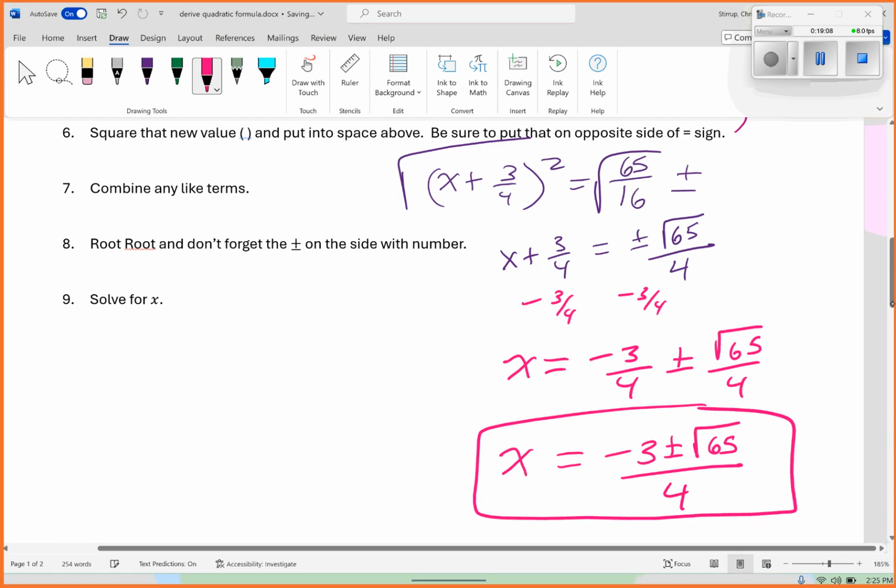Congratulations, friends. You just completed the square of a complex problem where the a value wasn't 1.